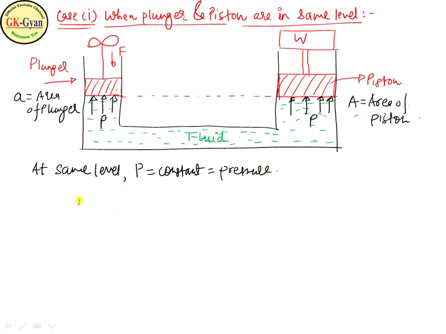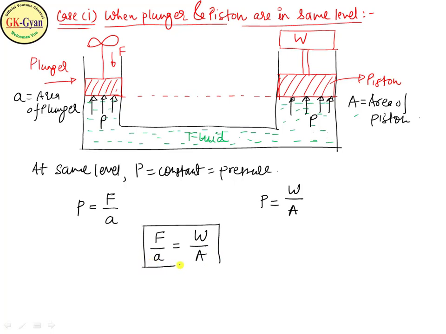So P equals the force acting on the plunger, capital F upon small a, and on the piston the pressure will be P, so force acting will be W upon capital A. So equate F by a equal to W by A, when plunger and piston are on the same level.